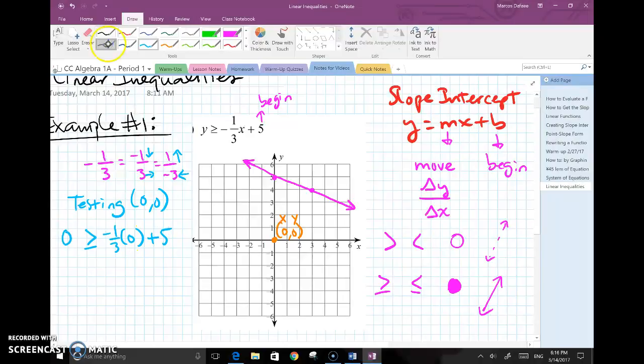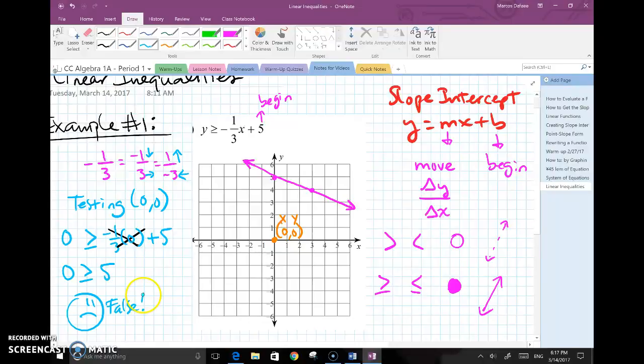Now, the nice thing about zeros again is that it simplifies our work. 0 times anything is 0. So that part is gone, which leaves me with a statement 0 is greater than or equal to 5. And I have to judge whether this is a true statement or not. 0 is not bigger than 5, nor is it equal to 5. And for that reason, this is a false statement.